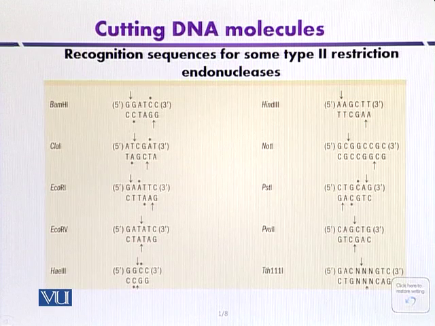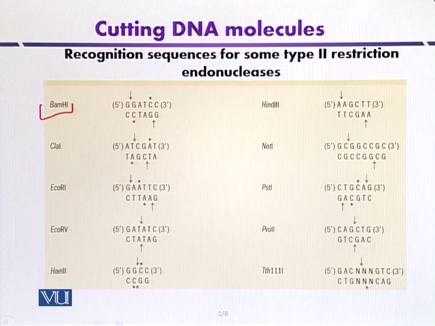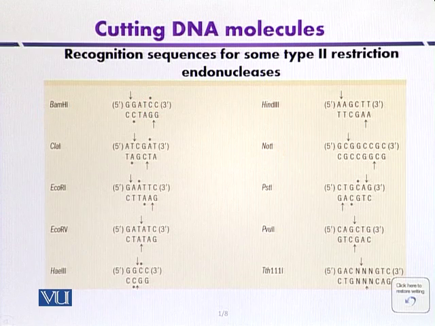Other examples are there, like BamHI. It recognizes a 6 base pair sequence, and the asterisk indicates the site of methylation. Then some enzymes recognize an 8 base pair sequence like NotI. So different types of restriction endonucleases recognize different target sequences and produce different fragments.